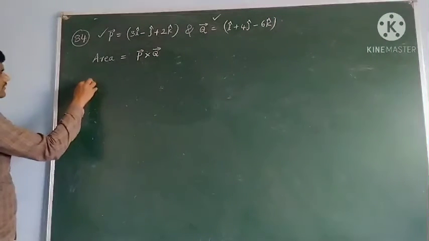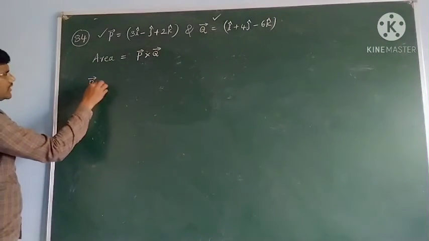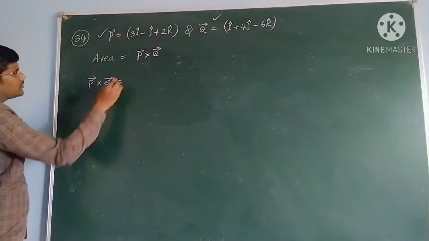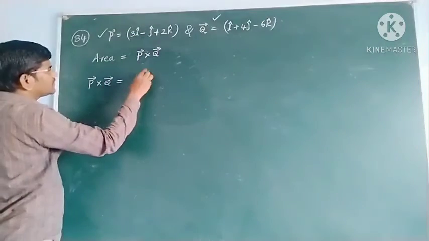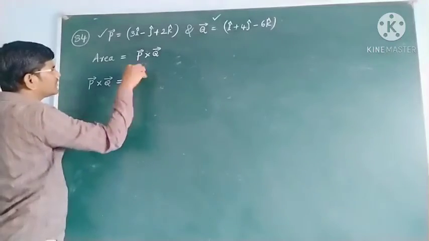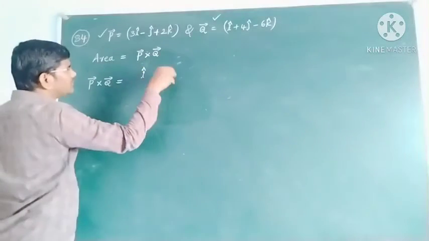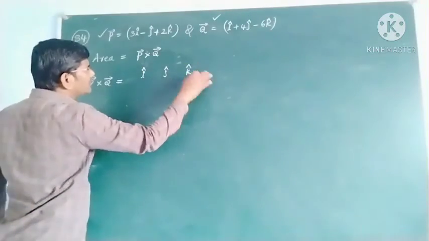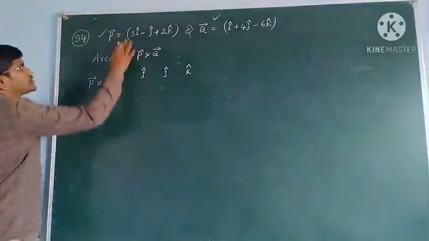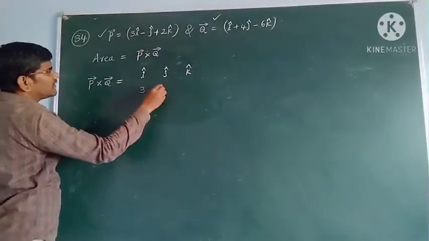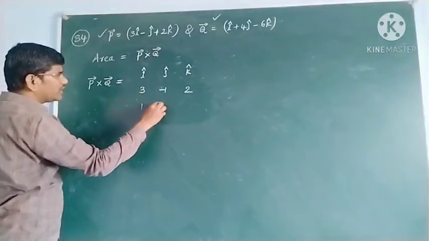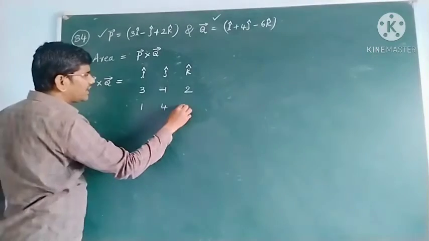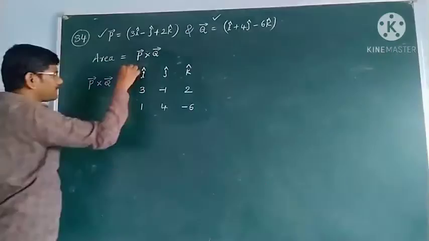Then p bar cross q bar is equal to i cap, j cap, k cap. So here 3, minus 1, 2, and there 1, 4 and minus 6.